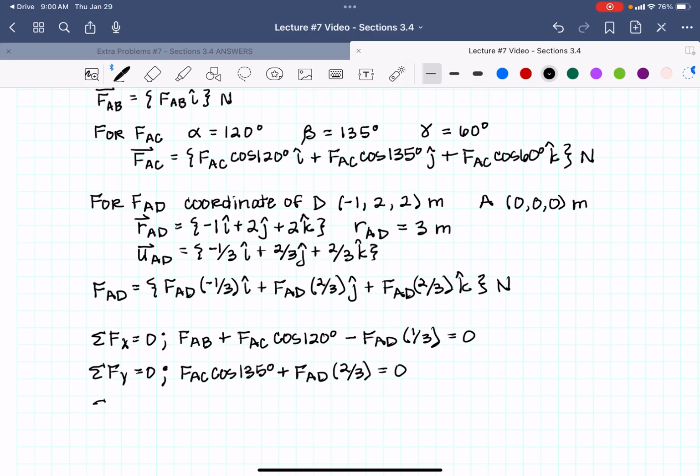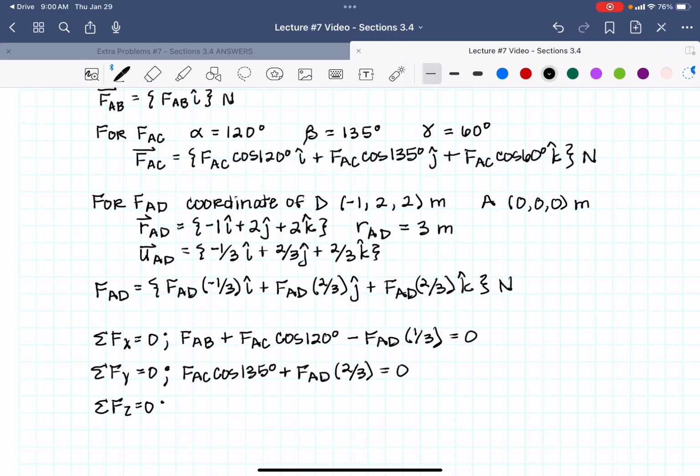And my last equilibrium equation is the z direction equals 0. So take all my k hats. I have 0 FAB. I have FAC times the cosine of 60 degrees. And I have FAD times 2/3. And don't forget that I have that negative 981 equals 0.